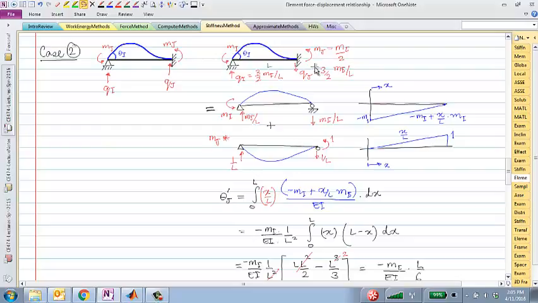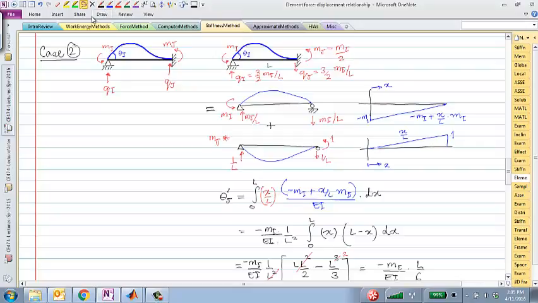So we can use moment area, or we could use virtual work, or pretty much anything. But maybe the easiest thing would be to use virtual work, because we already know what the bending moment diagram for the real and the virtual system is. Because I applied a moment here, I know what the bending moment diagram for that would be.